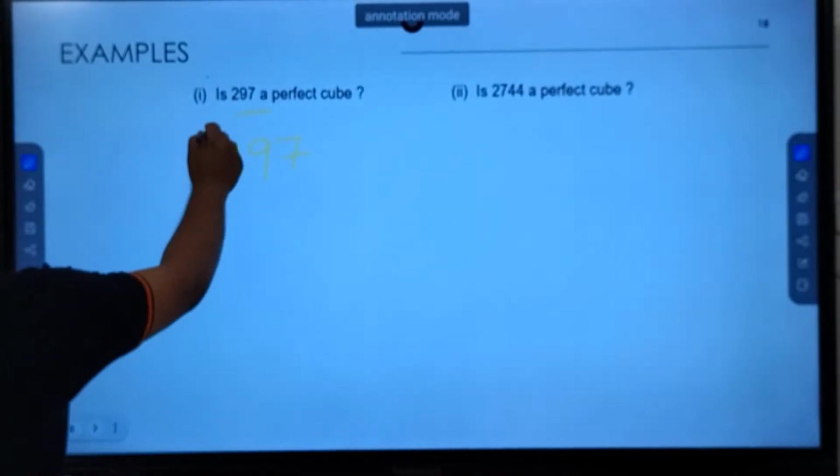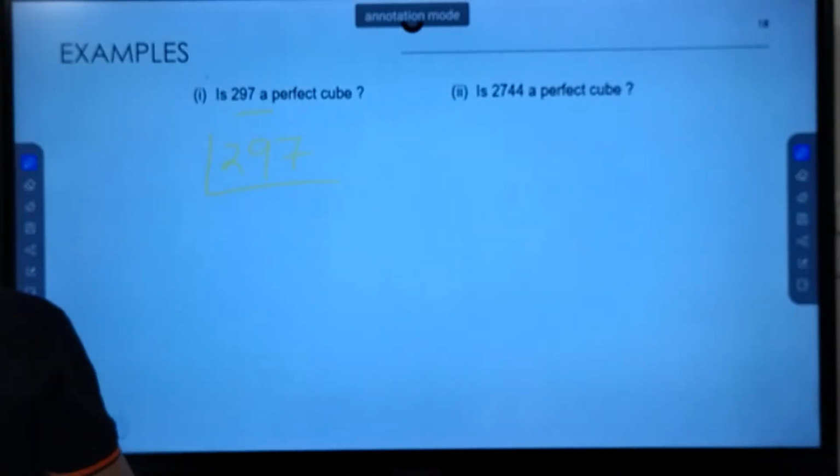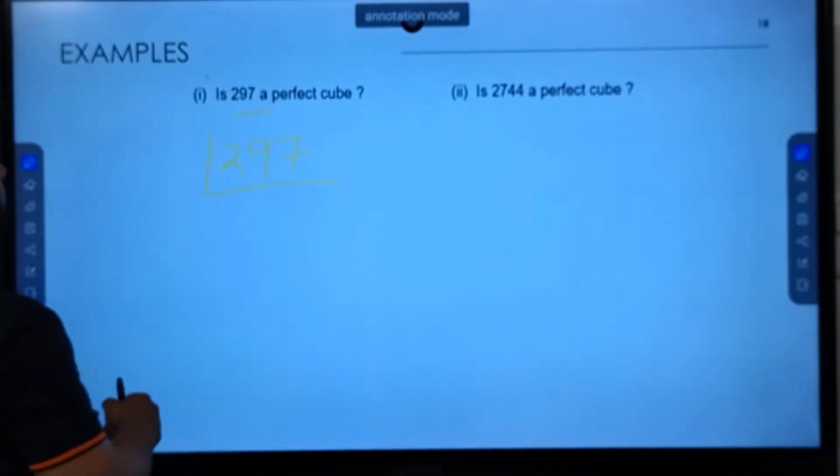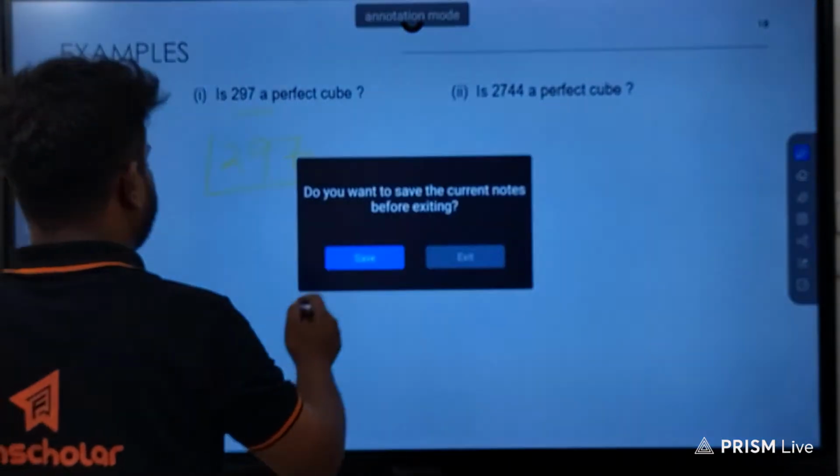So let's find out. 297 may be a prime number. Okay, so this is not a perfect cube.